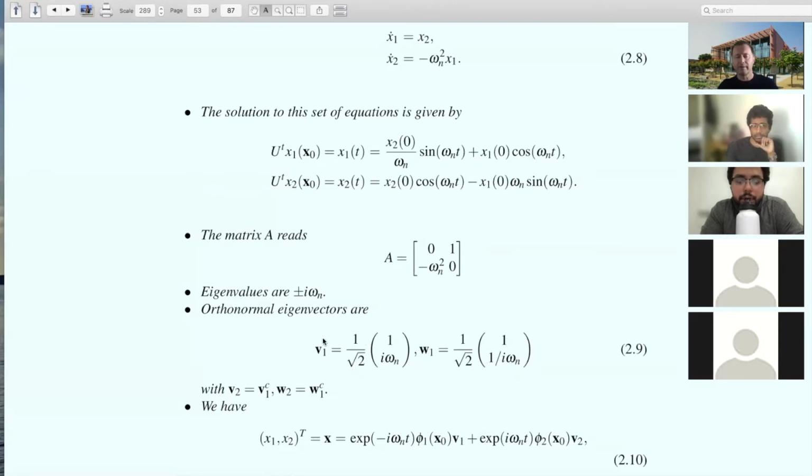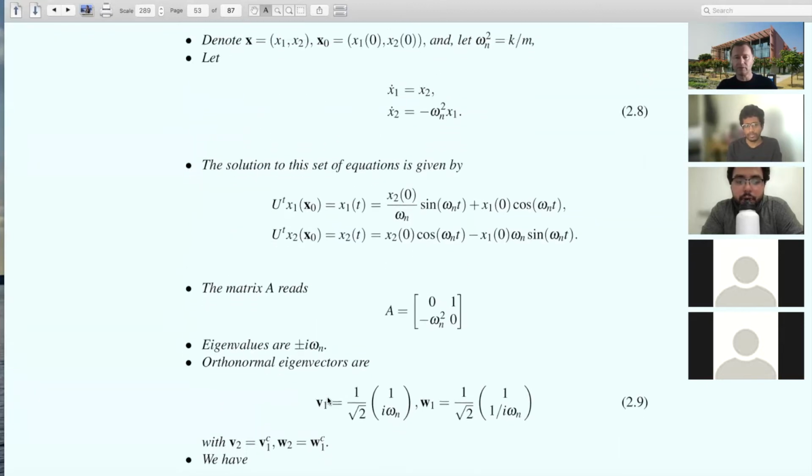If you remember, the inner product between vj and wj is asked to be 1, right? So eigenvectors are only defined up to a constant, and so this is a normalization requirement. And of course, v2 is just the complex conjugate of v1, and w2 is the complex conjugate of w1.